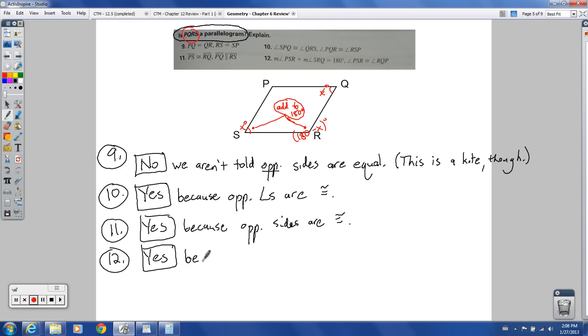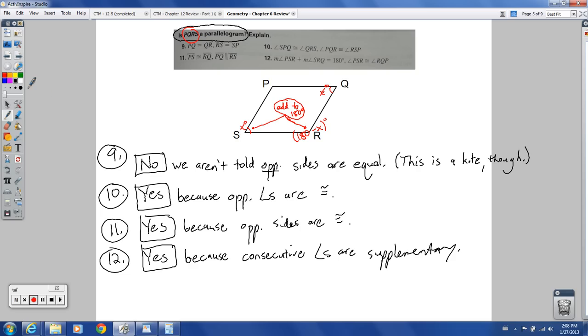So this one, yes, because consecutive angles are supplementary. And so that'll do it for this set, for 9 through 12.